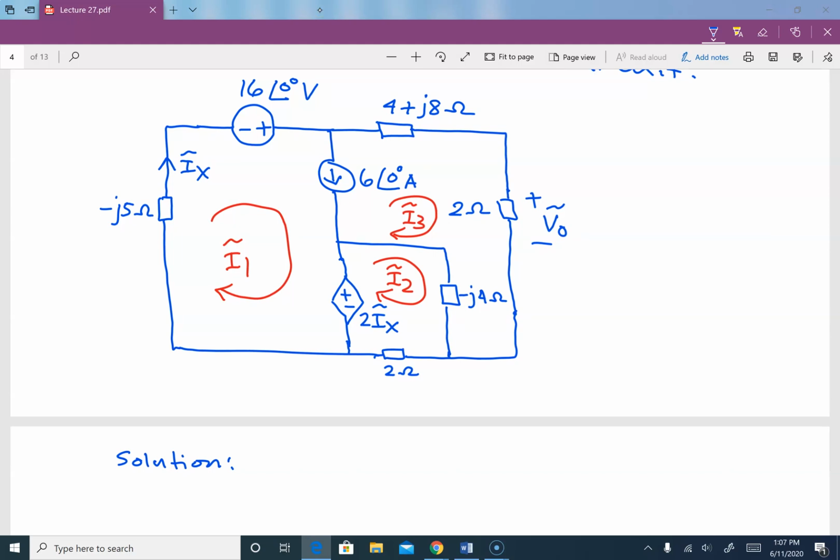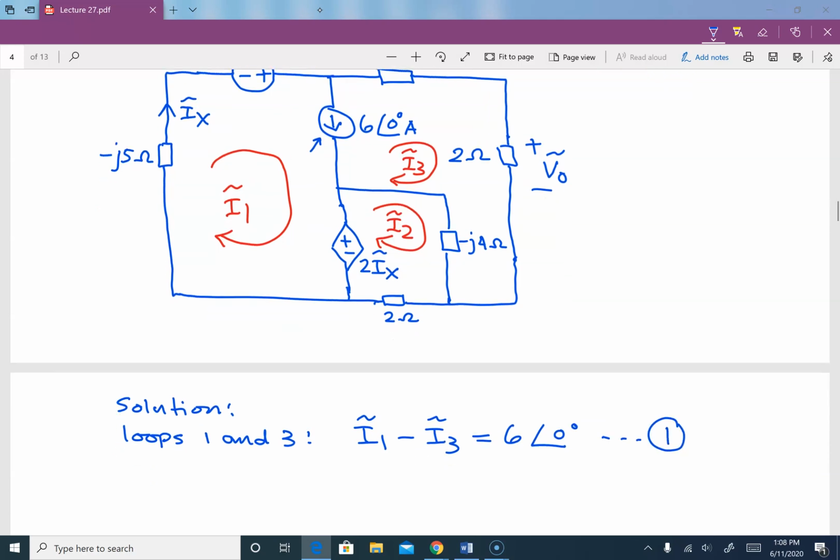If you look at loop 1, there is this current source here. It is between loop 1 and loop 3. That means that is a super mesh. Then we can write an equation for both loops, so loops 1 and 3. The first equation is I1 minus I3 is equal to 6 with angle 0. And this is our first equation.